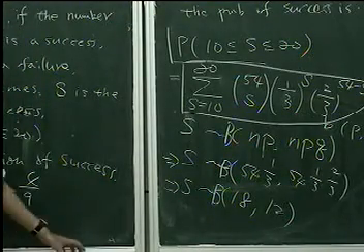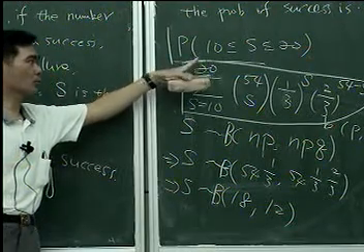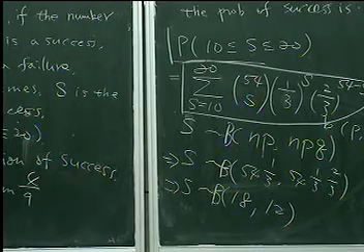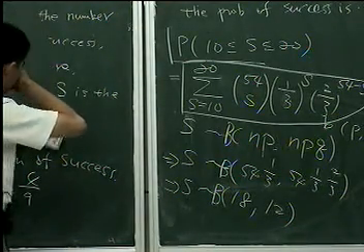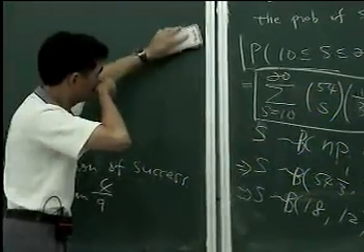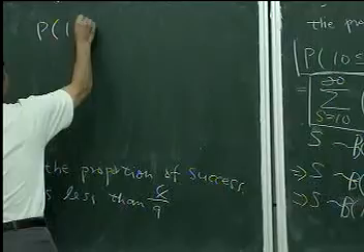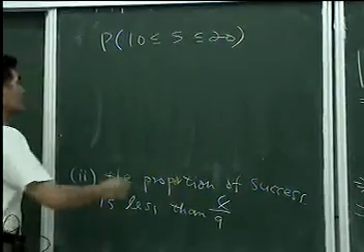So let me just show you how to use the normal distribution to approximate a value here. The same thing is the probability of S between 10 and 20.